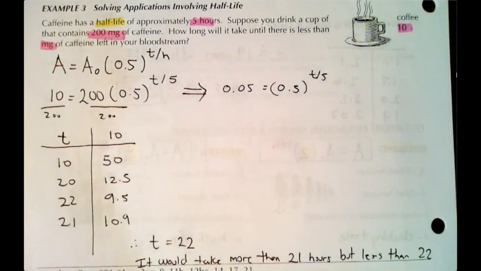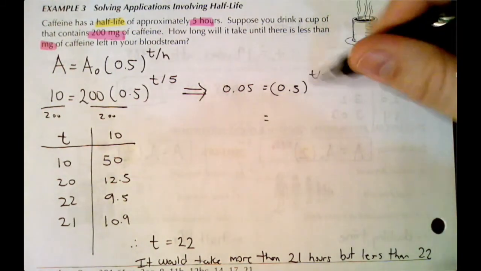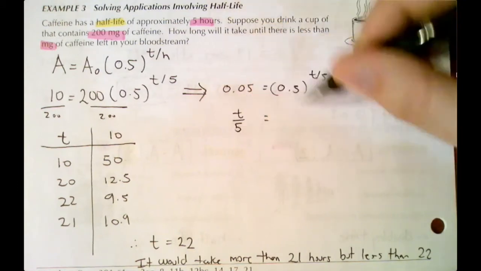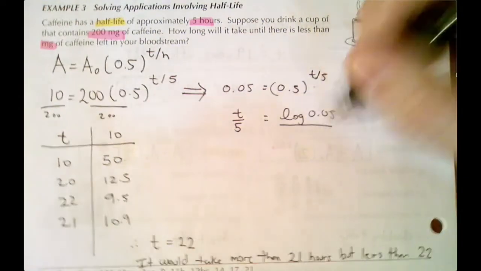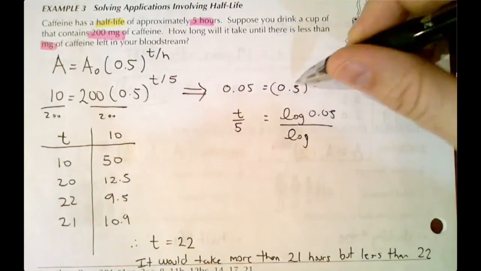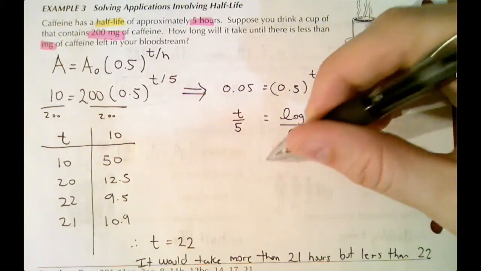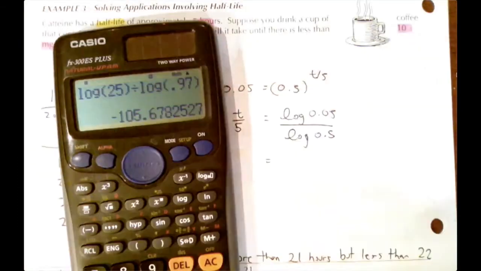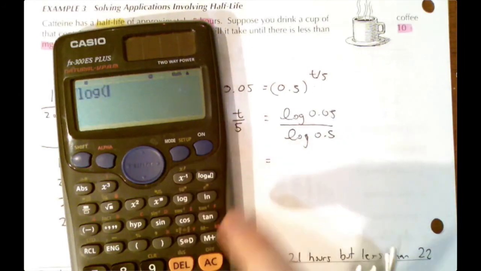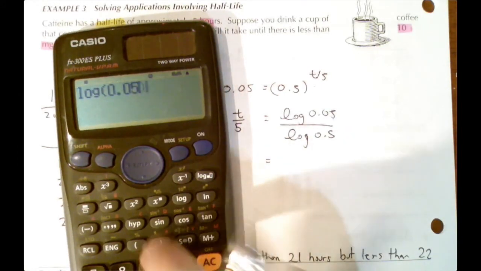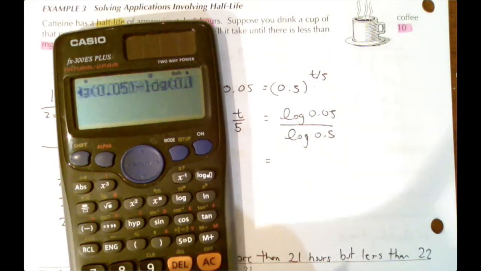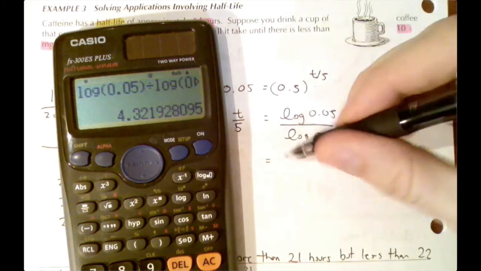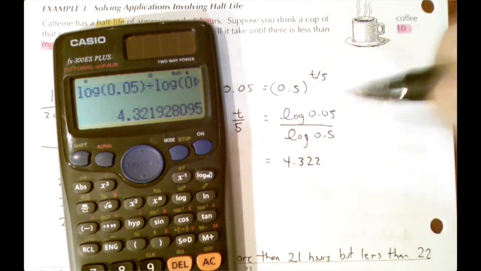And now we can do our log trick. So the exponent t over 5 would be equal to log of our answer divided by log of our base. And if we do log of 0.05, we divide it by log of our base, we get 4.322.